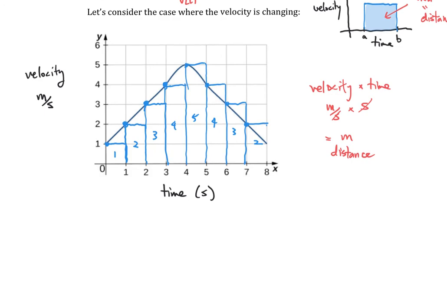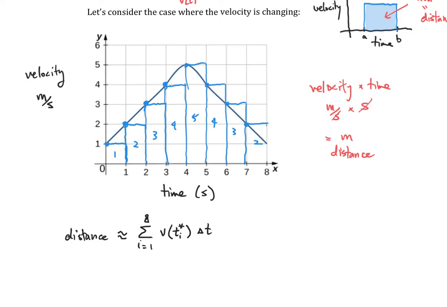We're going to say the distance is approximately equal to the sum as i, in this case, goes from 1 to 8, of the velocity at some, we're going to call it t sub i star. In our case, we're using the left endpoint, times the thickness of each rectangle. So that's going to be delta t, right?